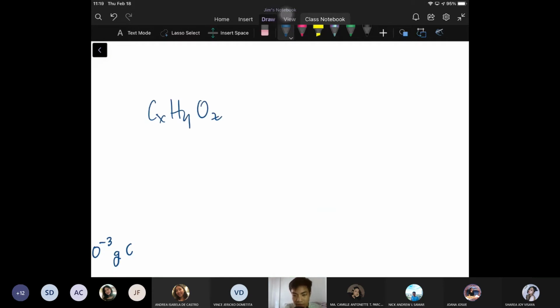CxHyOz, where x, y, and z are the subscripts. I-react mo yun with oxygen to produce CO2 and H2O, diba? Yung carbon dito sa iyong sample, lahat yung mako-convert into CO2. Yung hydrogen sa iyong sample, lahat yung mako-convert into water.